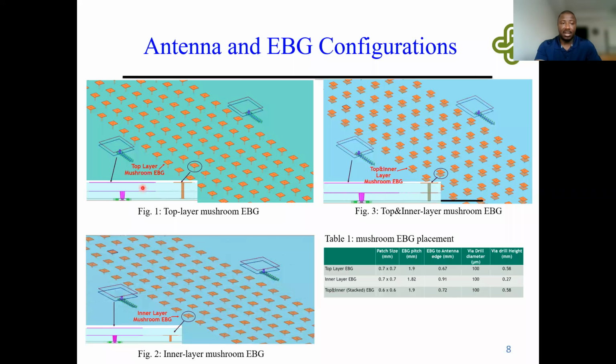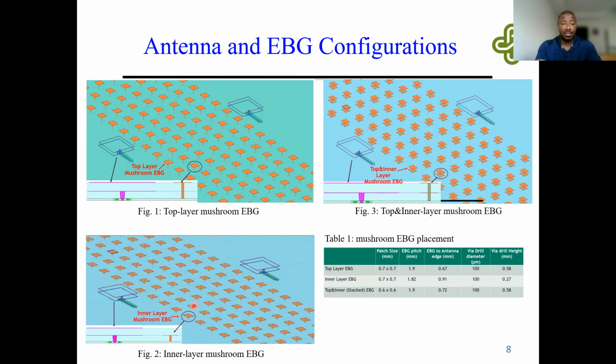Figure 1 here shows what is described as the top layer mushroom EBG, because the patch of the EBG is on the top layer. And as you can see, the EBG is spread out between the TX and the RX.